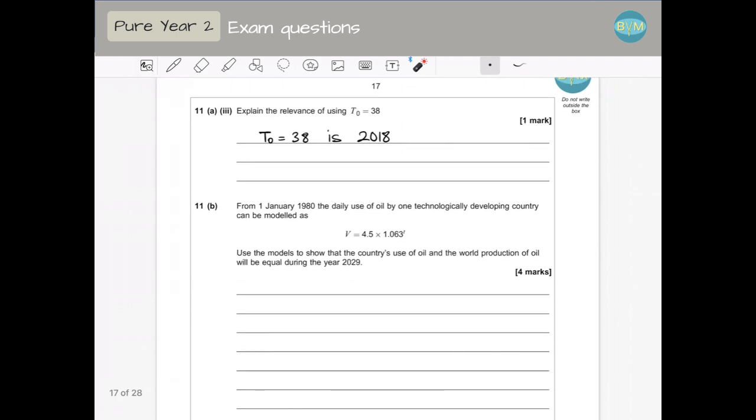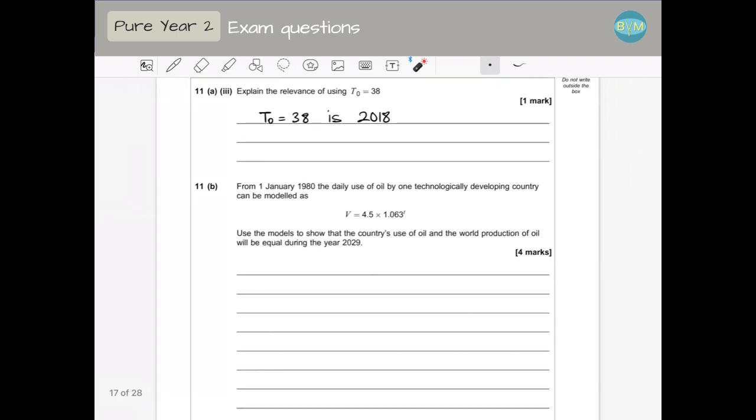So what we are going to do is numerically see that we have a root for the difference between them. One is going to be equal to the other between t49 and t50, because this is during 2029. At the beginning of 2029 t is 49, at the end it will be 50.